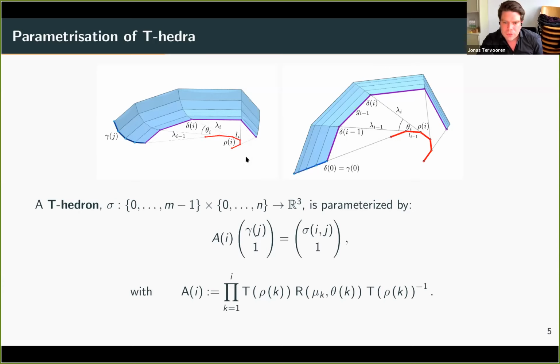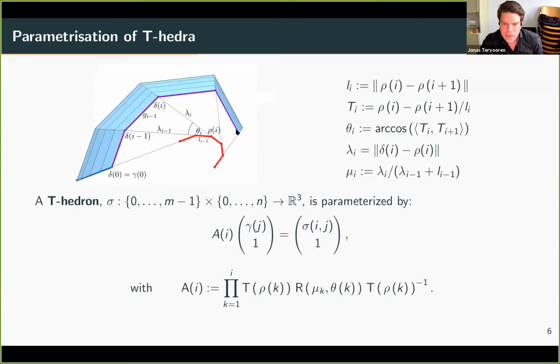The angle of rotation is always given by the dihedral angle of consecutive edges, and the stretching factor can be computed from the distance of the trajectory curve to the prism curve and the length of the prism curve, as you can see. And so we obtain a proper parametrization of the T-hedra.